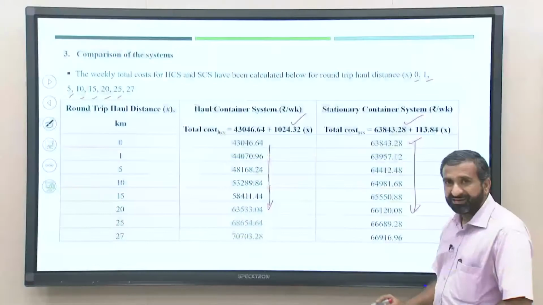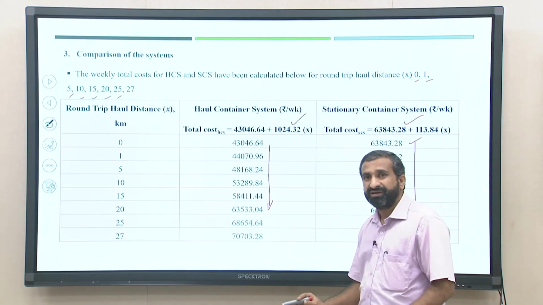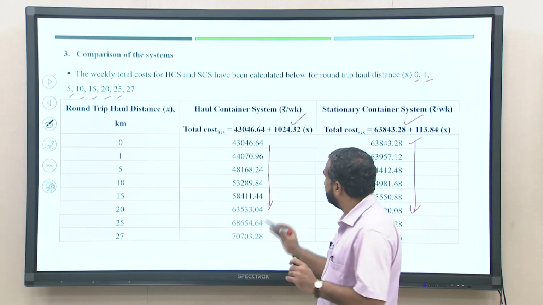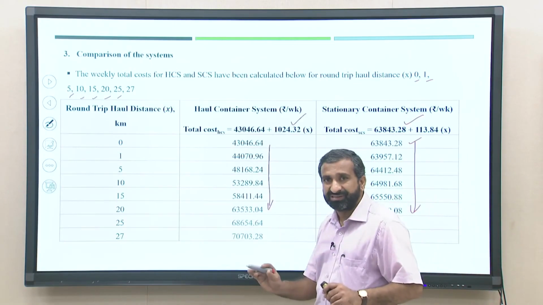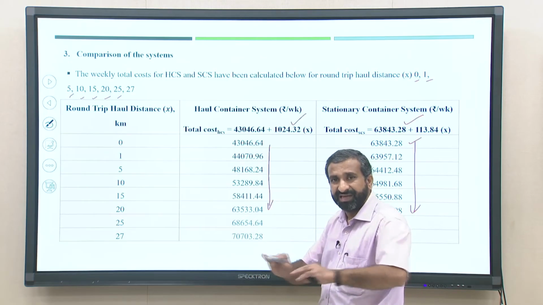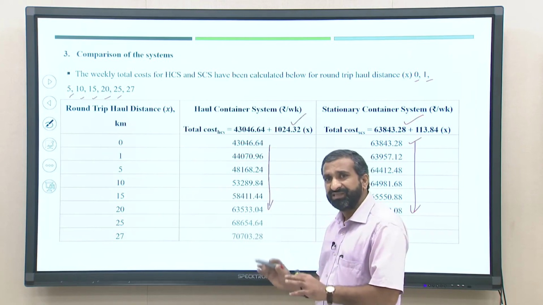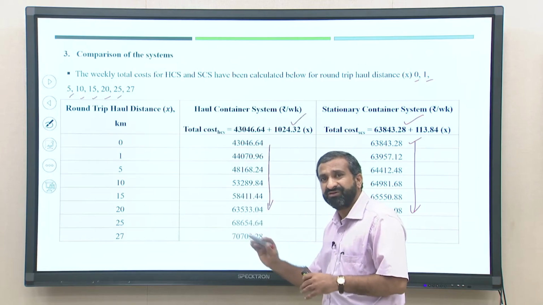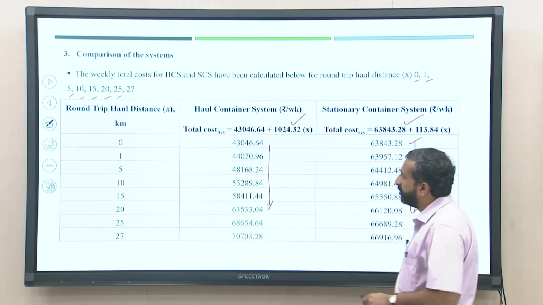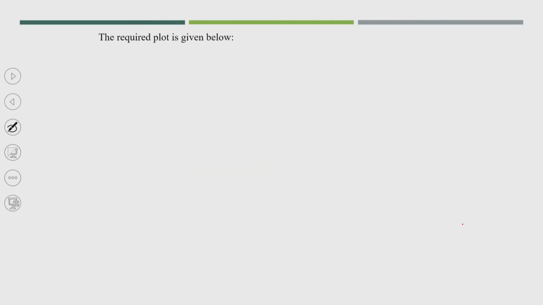So, what we will do here, we will plot the curve between the x value, round trip haul distance, along the x axis, and the y axis will be the total cost, and we will see how this graph changes with the round trip haul distance.